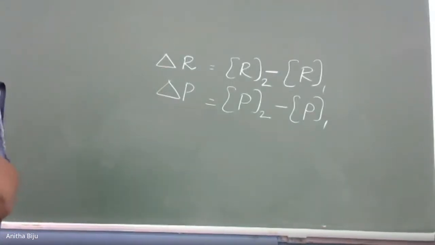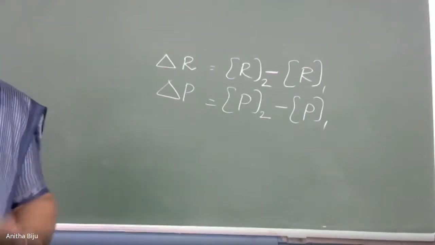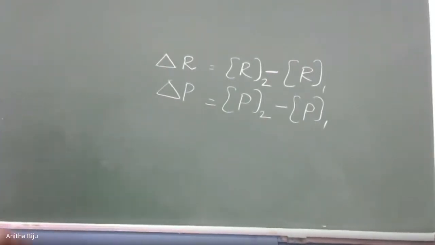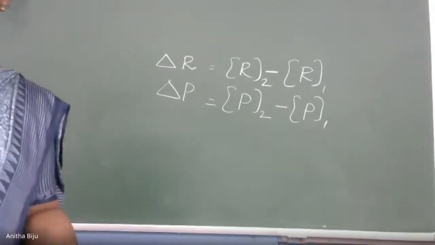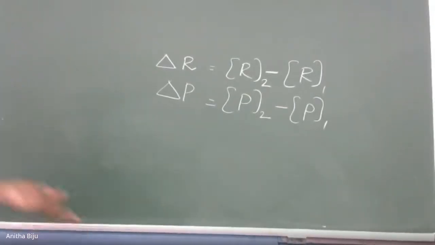Now, how do we express the rate of reaction? There are two ways we can express the rate of a chemical reaction, either in terms of reactants or in terms of products.